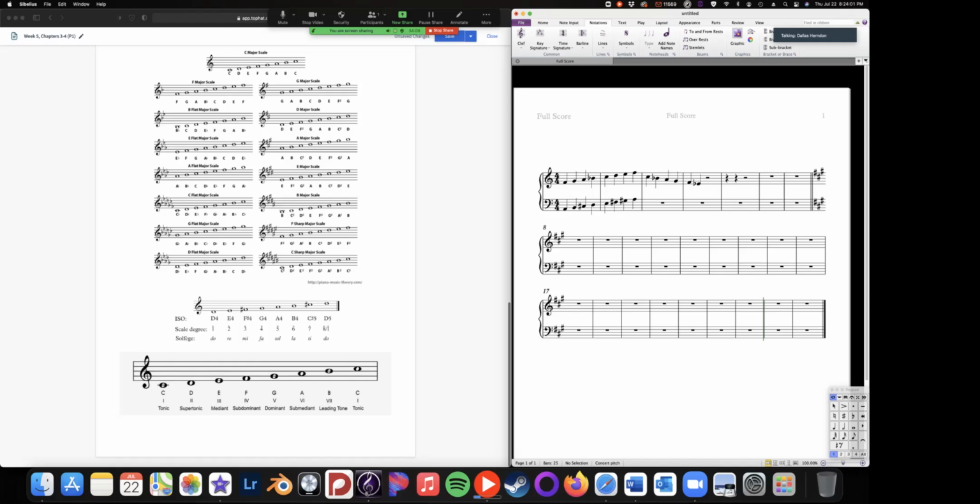Okay, hence subdominant. Likewise, submediant, this is a little trickier, but the idea is that if we think about what the term mediant means, anytime we see that term in music, it usually refers to the idea of it being in the middle, or more specifically like a third, okay?